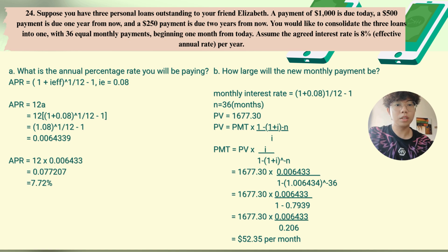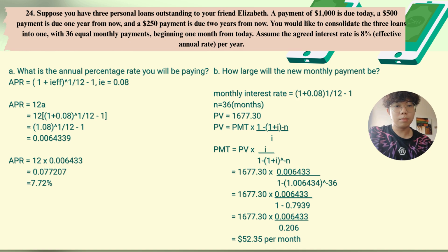In the formula, PMT is the monthly payment, PV is the present value of the loan, which is $1,677.30.